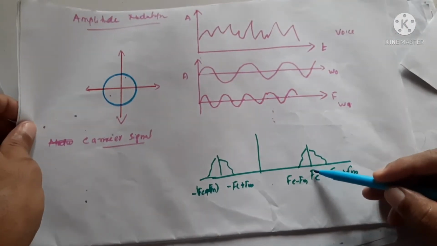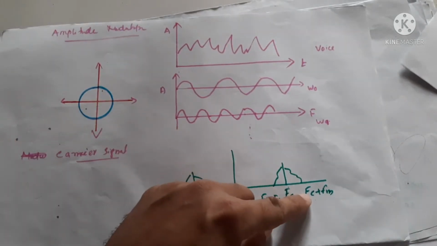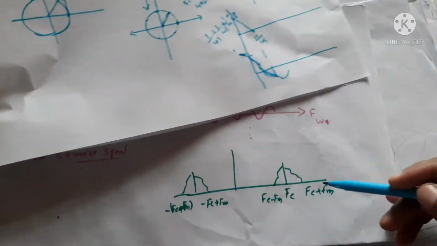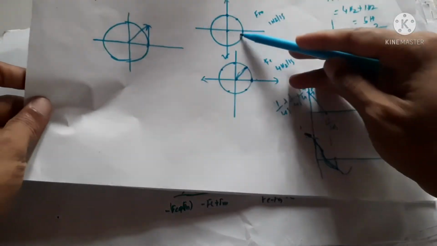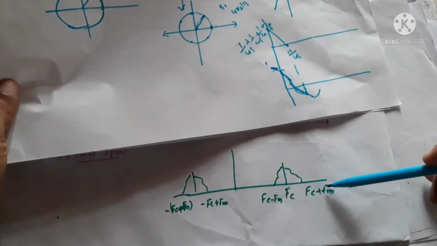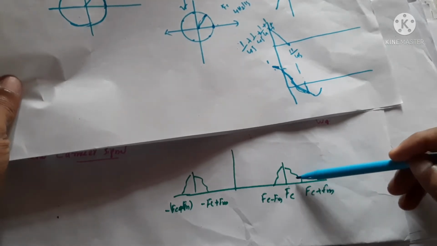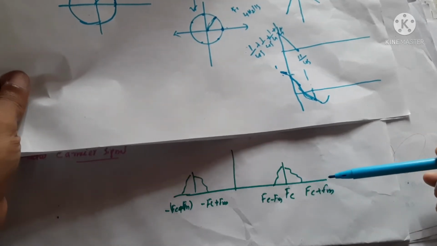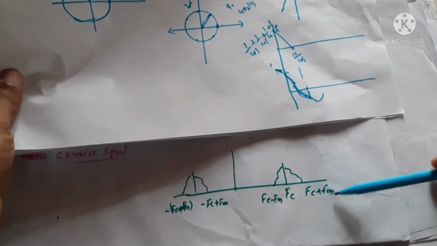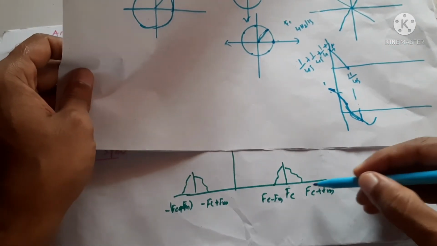Fc is the carrier frequency, and Fc plus Fm, because of the modulating signal, the phase of the carrier signal is changed. Not the frequency, the phase is changed. The continuous change of phase is called change in frequency.